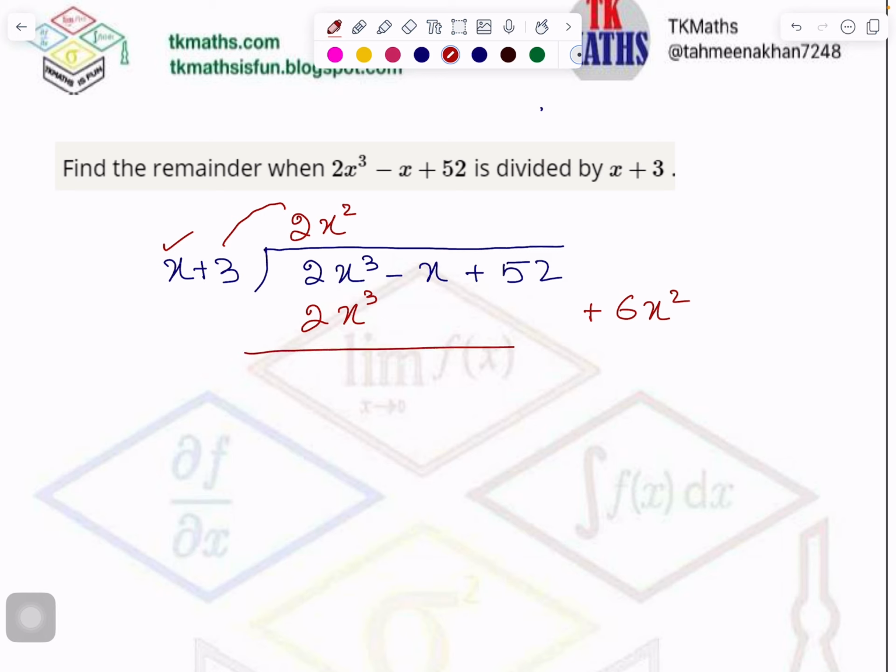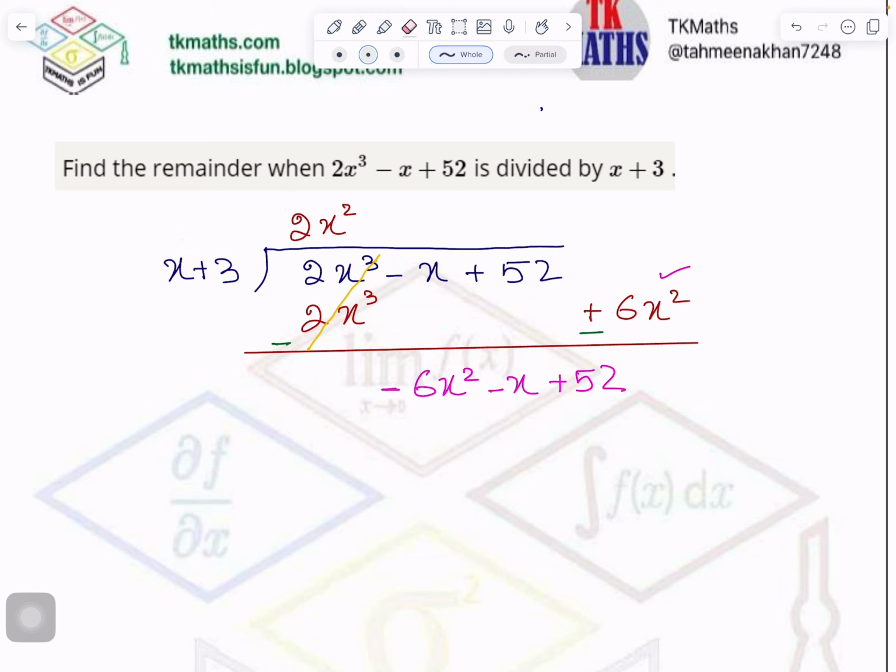This is what I wanted to tell you. And now we will change the sign, because we subtract, so we change the sign. So this one will cancel out. Now when you're copying down in the next line, always write it in descending order. So 6x square will come first, minus 6x square, and then copy down minus x plus 52. Now I have to multiply x by some number so that I can get minus 6x square.